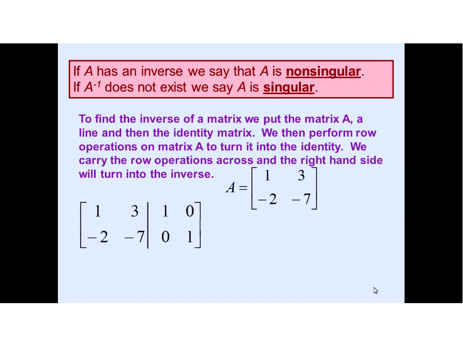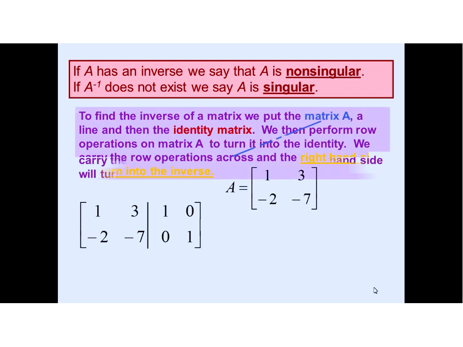So now again I am going to show you how we can find the inverse of the matrix. There is a row operation. To find the inverse of the matrix, we put the matrix, a line, and then the identity matrix. We then perform row operations on the matrix to turn it into the identity.